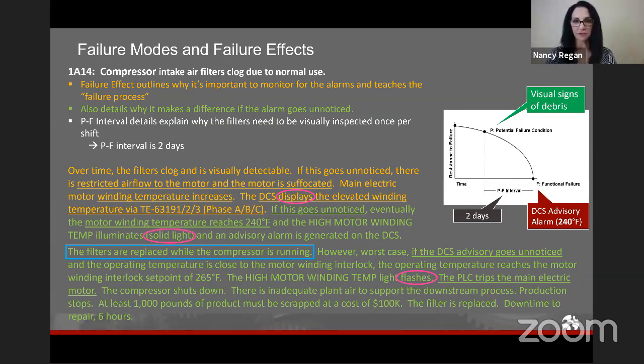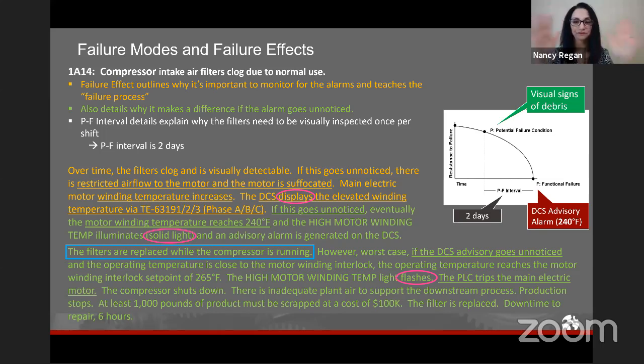How many times in your career have your equipment experts either retired or maybe moved on for a different opportunity, and all of that knowledge and experience walks out the door? This is a way of memorializing the equipment experts, all the experience and the information that they have in their brains.